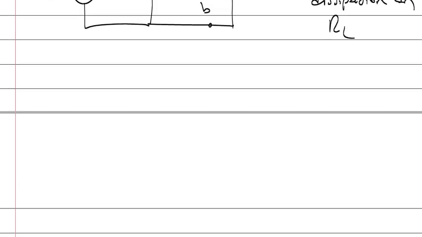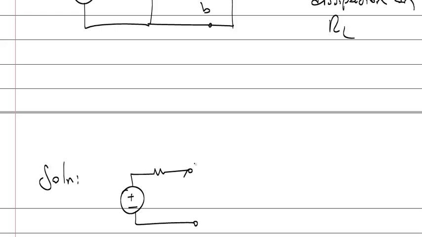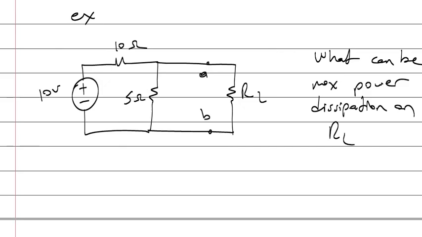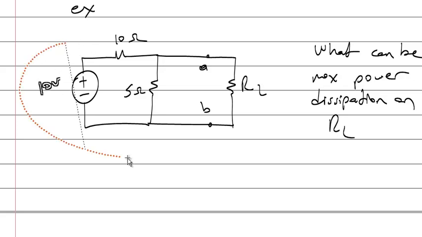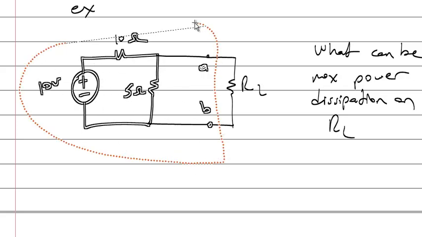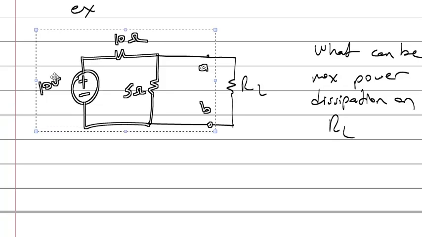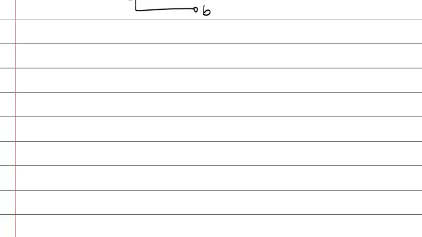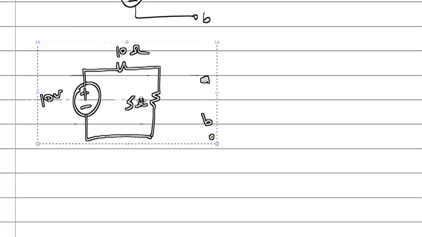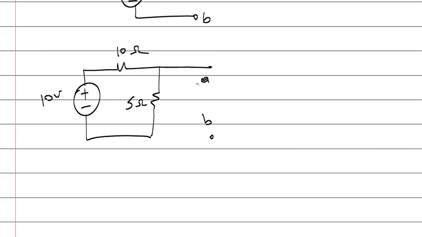First, we have to calculate the Thevenin equivalent of the circuit at points A and B. This is the circuit. I have to calculate the Thevenin equivalent of the circuit.